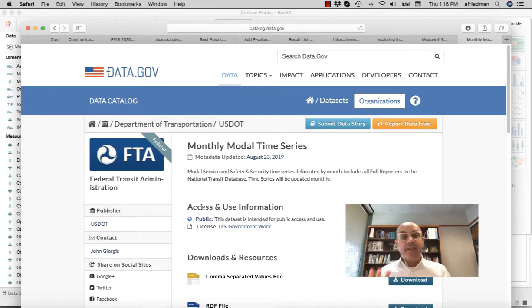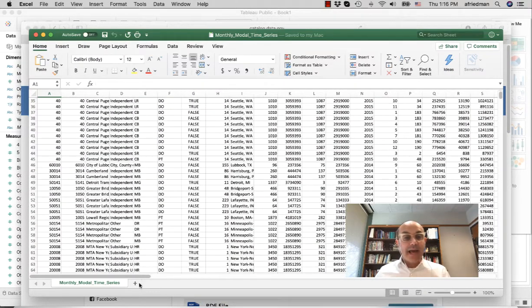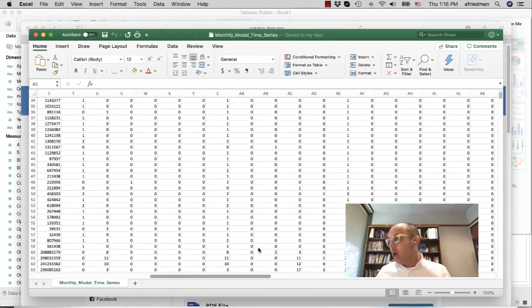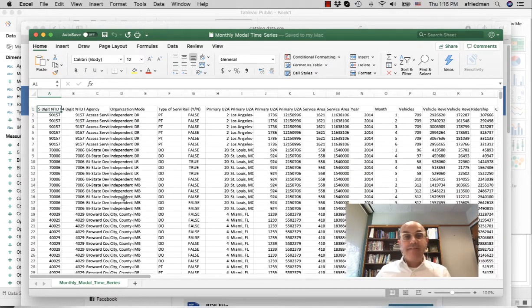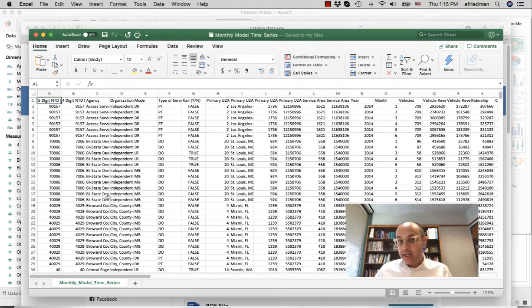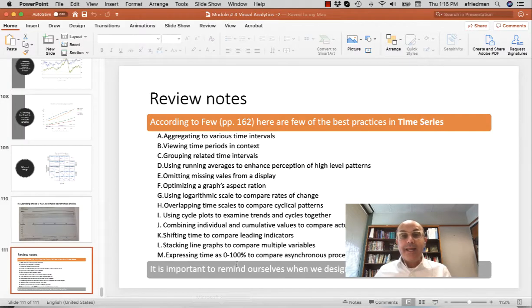It is a monthly time series. This is a large data set, and if you look at it, there are a lot of variables. I gave you the file itself, and then I cleaned it for you to work on. But I want you to have a sense that this is part of your job as a data visualization person, to clean the data and be able to apply it.